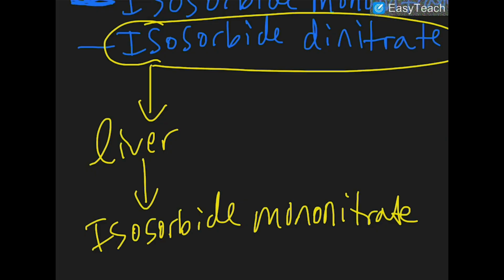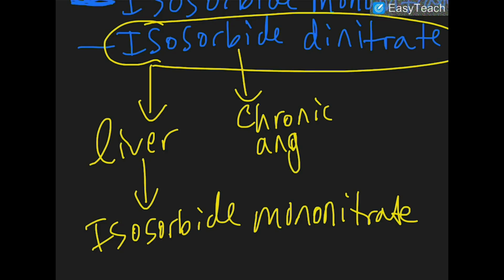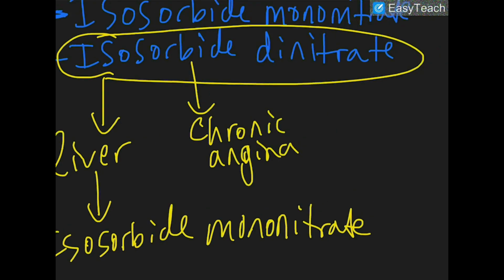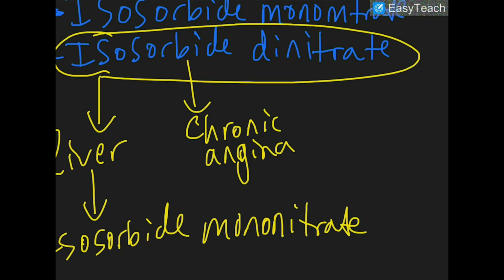You would use isosorbide dinitrate in chronic cases, like chronic angina, for example, but it's not an acute drug like nitroglycerin. So isosorbide mononitrate and dinitrate are more for the chronic cases, while nitroglycerin is for acute situations.